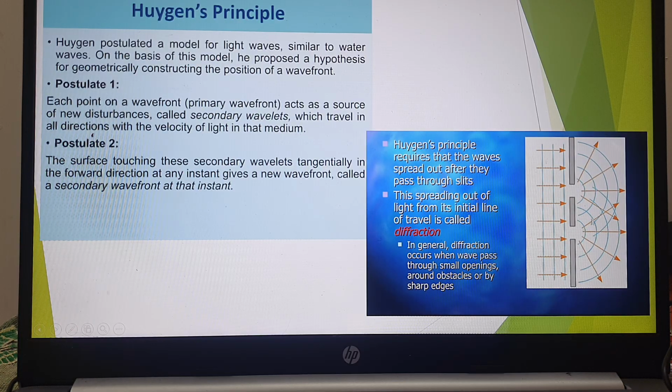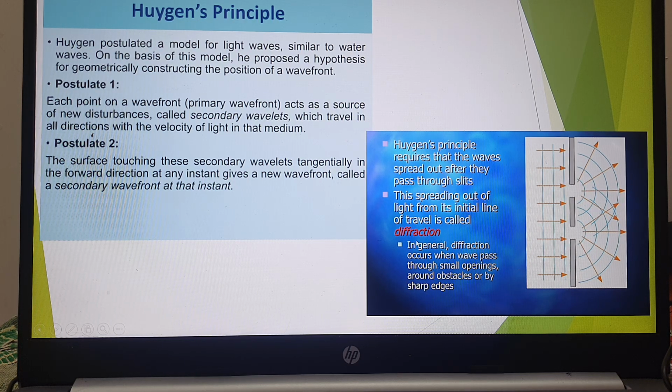Through the obstacles they form wavefronts or wavelets. Postulate 2: the surface touching these secondary wavelets tangentially in the forward direction at any instant gives a new wavefront, called the secondary wavefront.